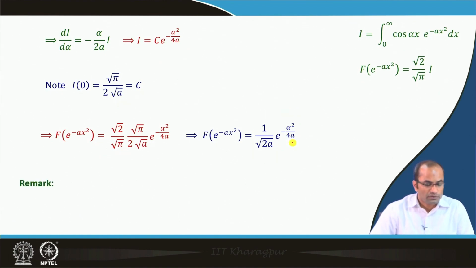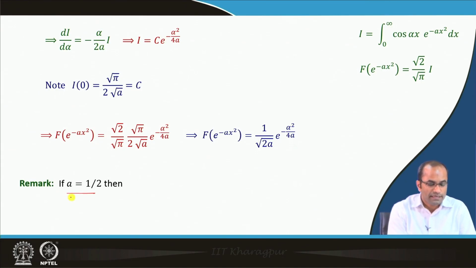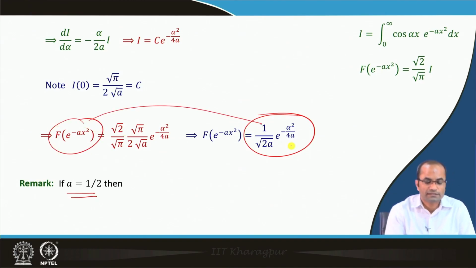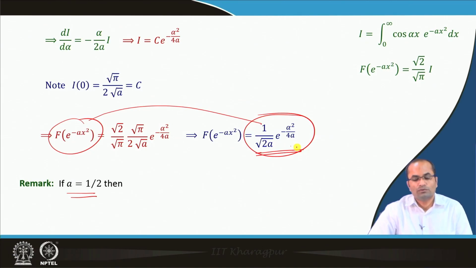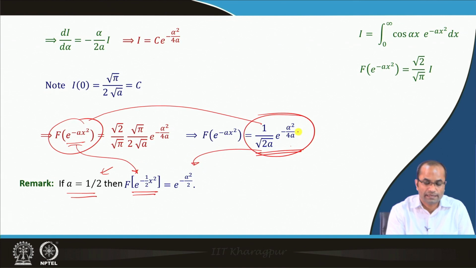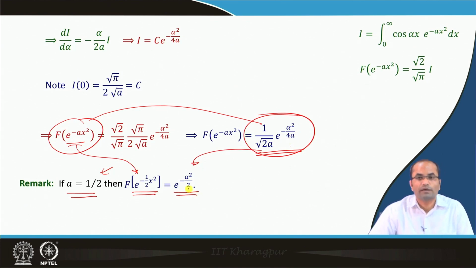Well, just a short remark here: if we set a equal to half, then in this Fourier transform, the Fourier transform of e power minus a x square, which is 1 over square root 2a e power minus alpha square over 4a, becomes the Fourier transform of e power minus half x square, and setting a equal to half there too, this is e power minus alpha square by 2.